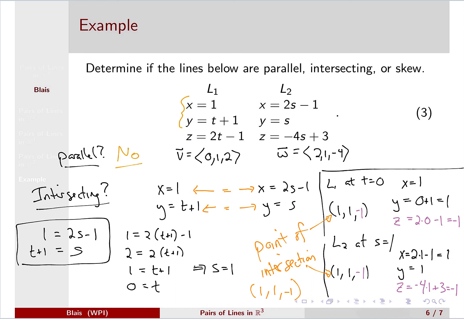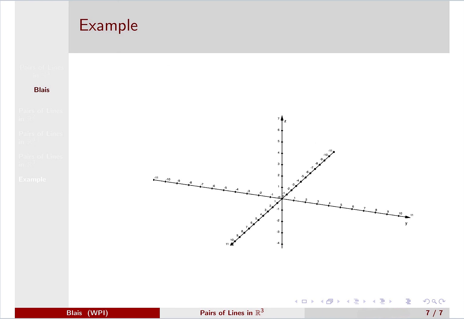We can draw this just to get a sense of what this looks like. First of all, we know the point 1, 1, minus 1 is on both lines. So 1 along the x-axis, 1 along the y-axis, and then down 1. So we know this point here is on both lines.